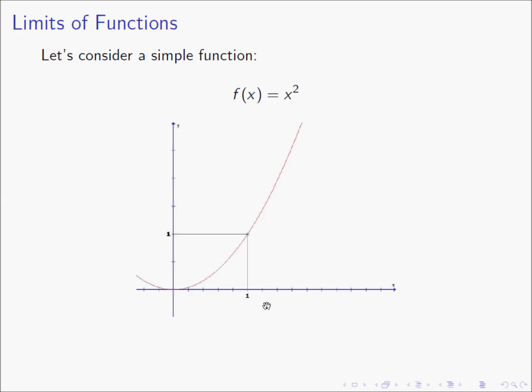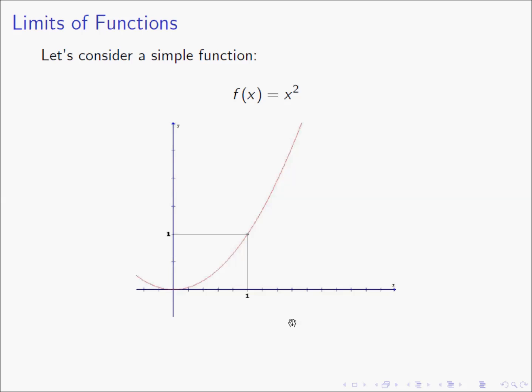And here I took the point x equals 1 and the corresponding value of f of x, that is also 1. The first thing when you look at the graph is that you can take any value on the x-axis and you can see what is the corresponding value of the function here.